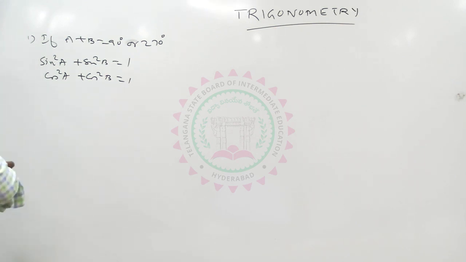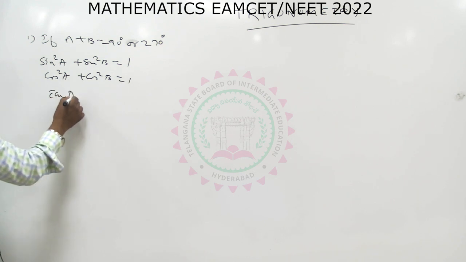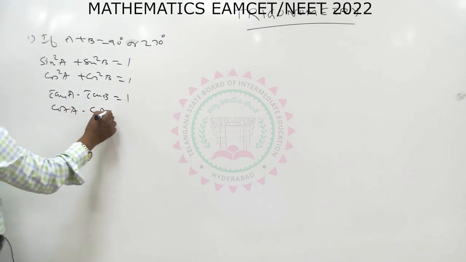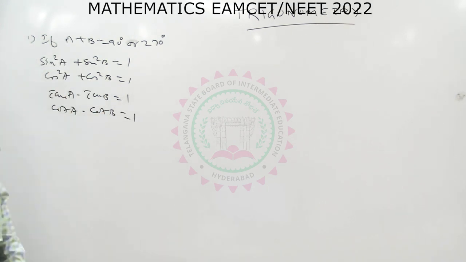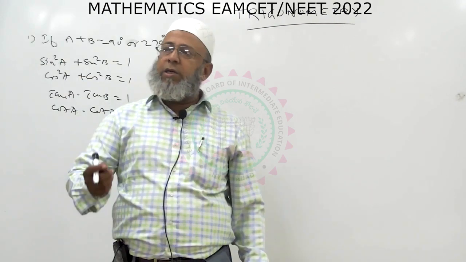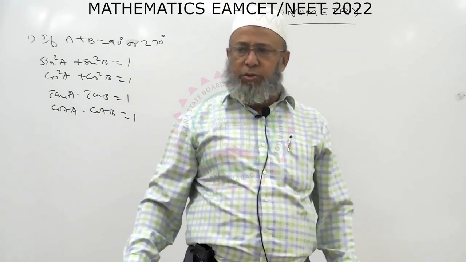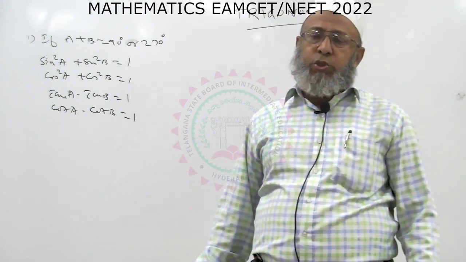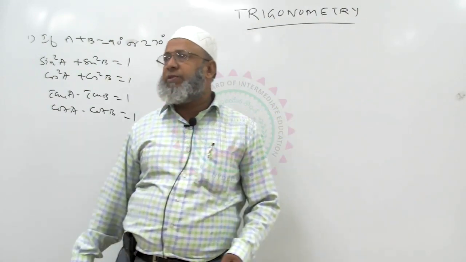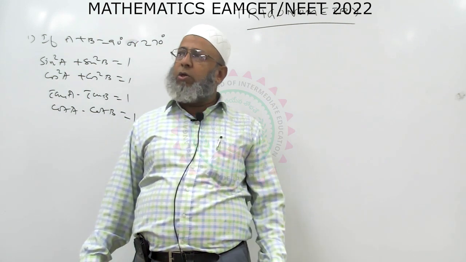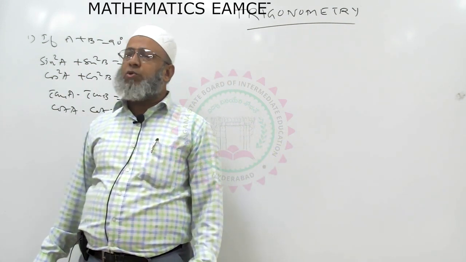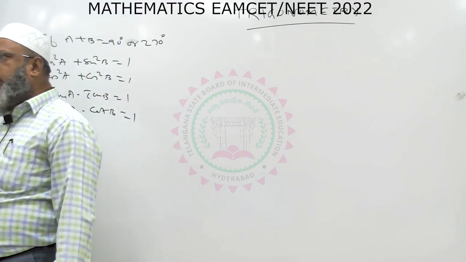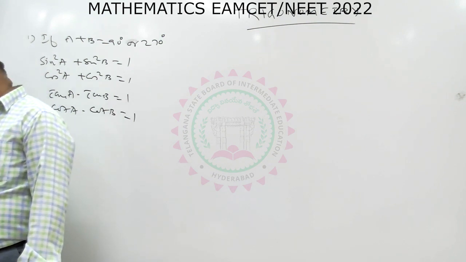Then tan A into tan B is equal to 1. Cot A into cot B is equal to 1. So, these are the shortcuts. Based on this, we will do the numerical questions. So, I am discussing the various shortcuts. The first one is, if the sum of the two angles is 90 degree or 270 degree, then sin square A plus sin square B is equal to 1, cos square A plus cos square B is equal to 1, tan A into tan B is equal to 1, and cot A into cot B is equal to 1.